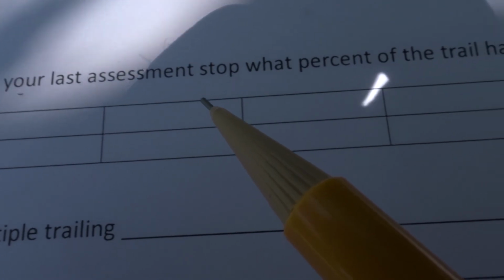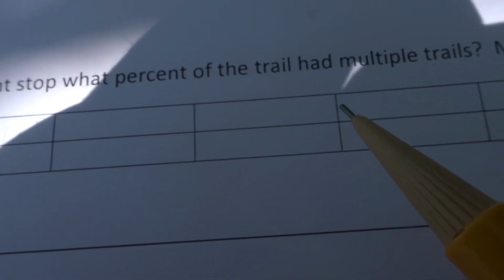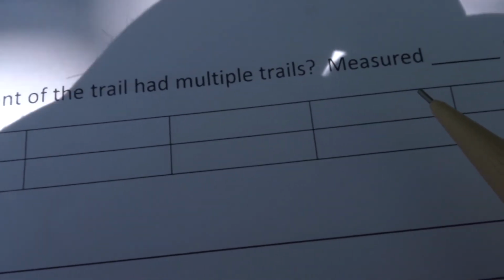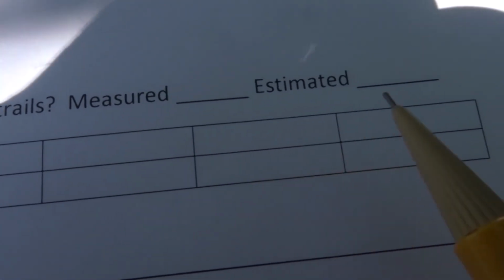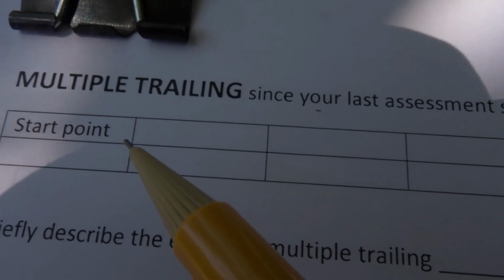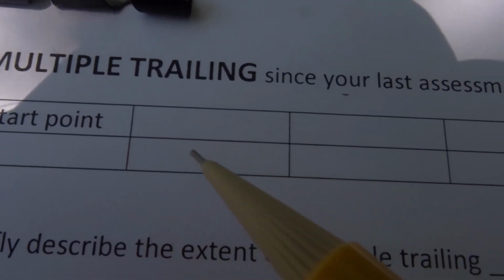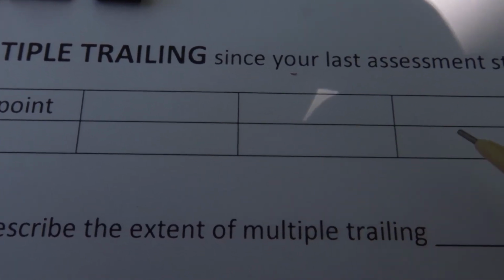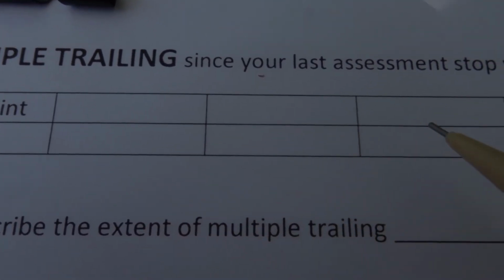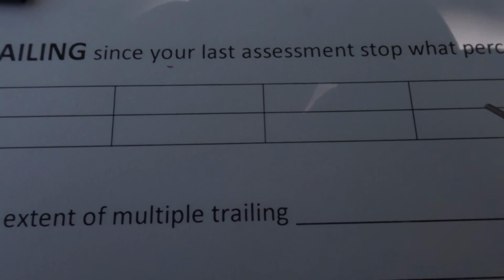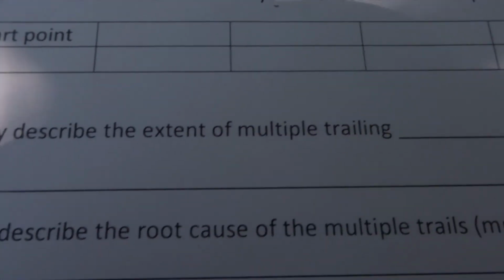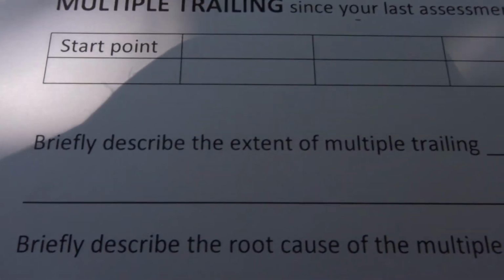Since your last measurement stop, what percent of the trail had multiple trails? So did you stop and measure it with a tape measure, or are you just estimating? And again, because we haven't gone anywhere yet at our starting point, we don't have anything to say, but you went on the walk with me this morning and you saw that some of these stops, or the spaces in between them, will be over 100%, and some will be 0 as we get there.